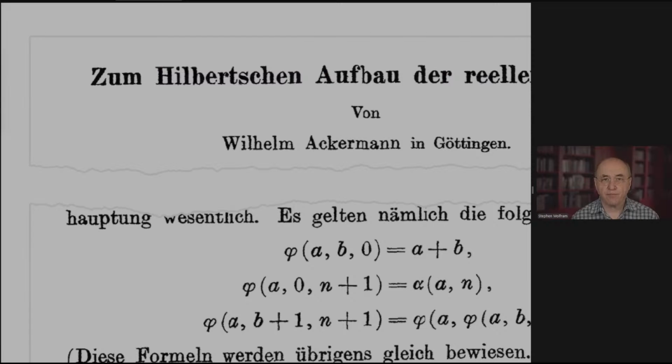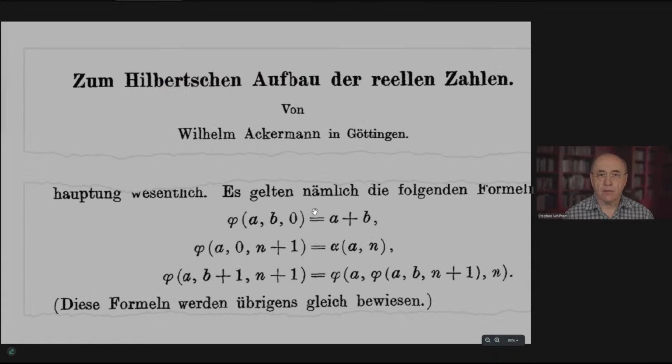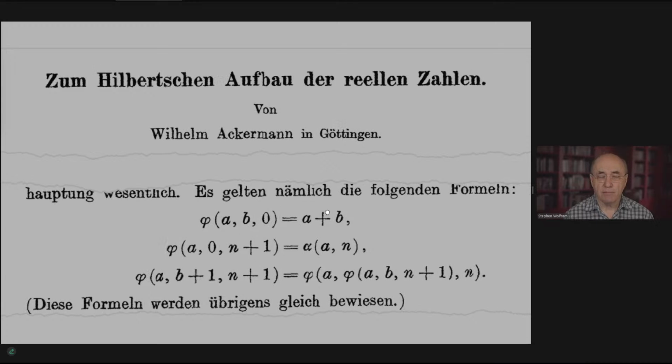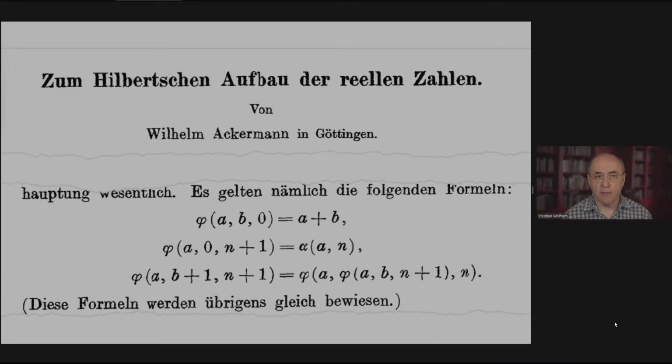This is the paper from Wilhelm Ackermann, 1927. Right there, in this paper, without any particular comment, is a nestedly recursive function definition from 1927.